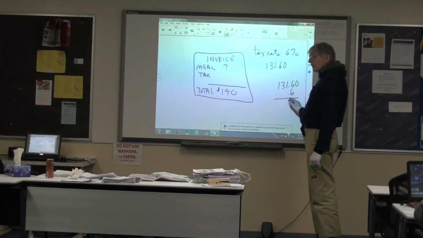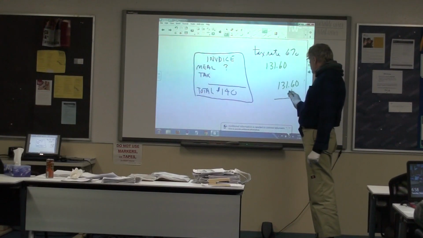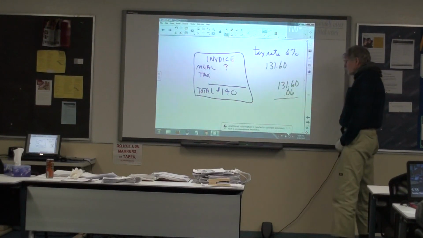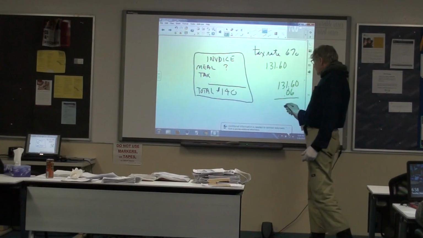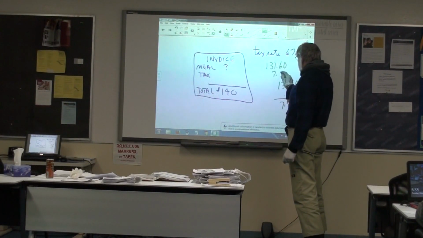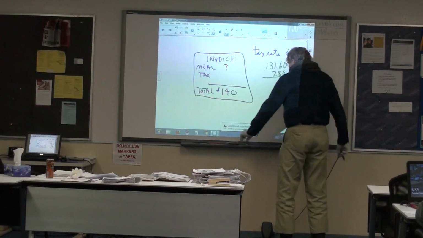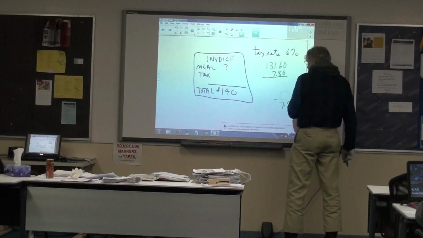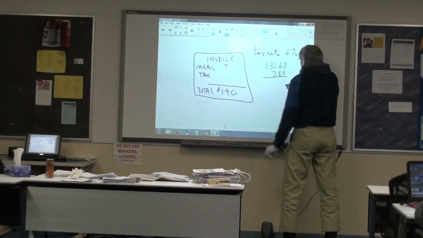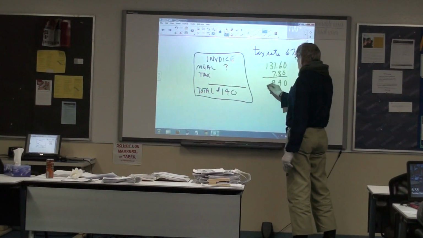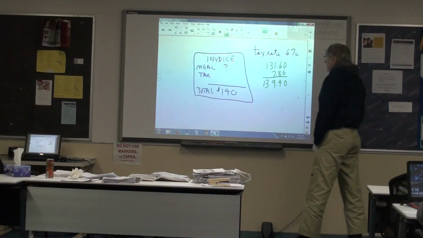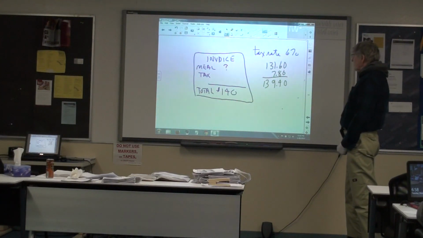So the tax on that would be 7.8. So that means that we add these together, we should get the price of the meal. So let's see if we have a winner here. Unfortunately, we don't get the price of the meal, although that could be just a round off error.